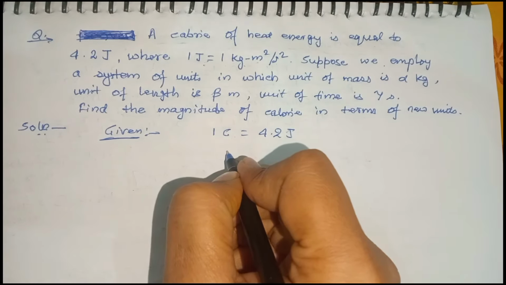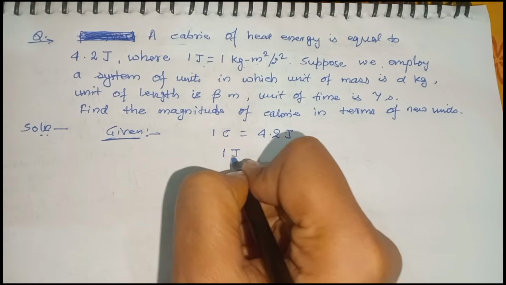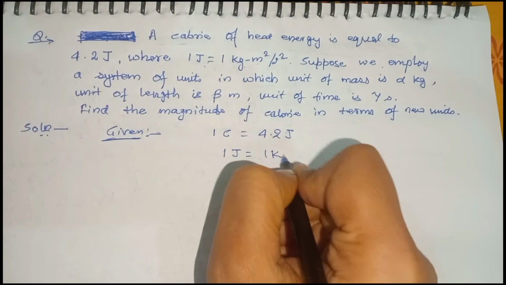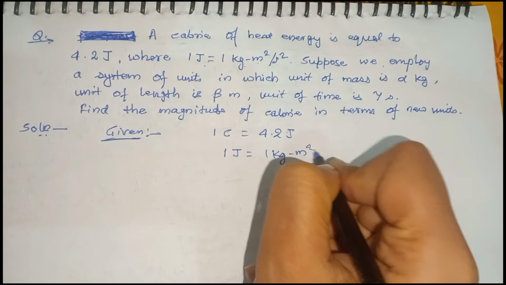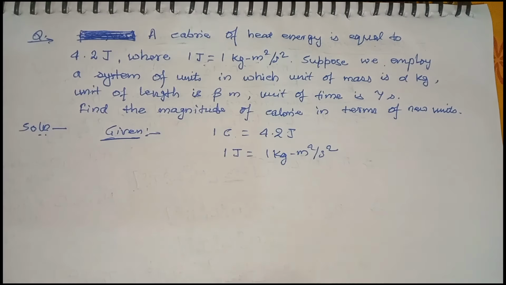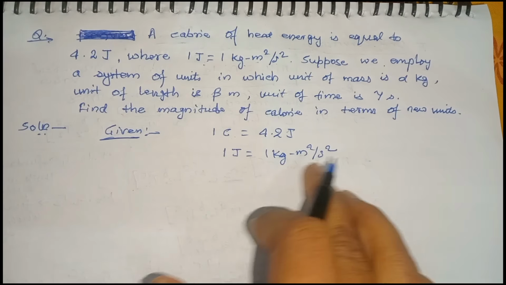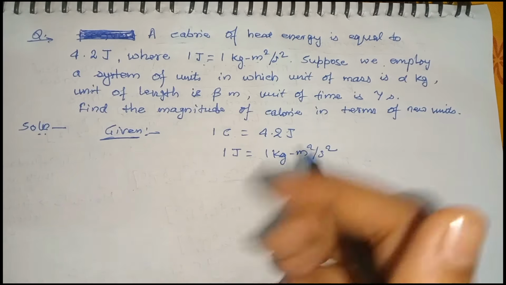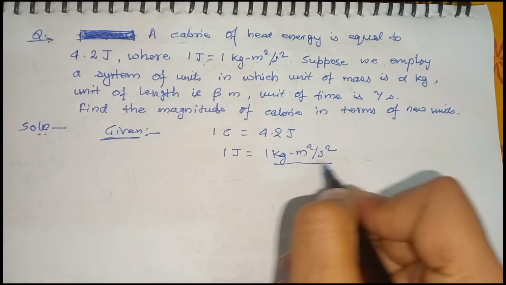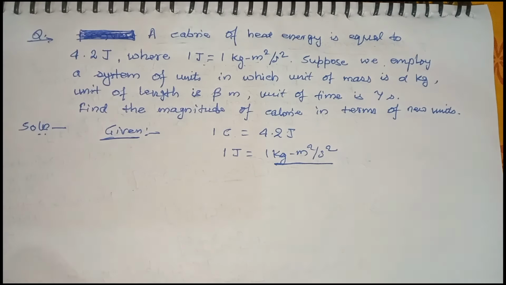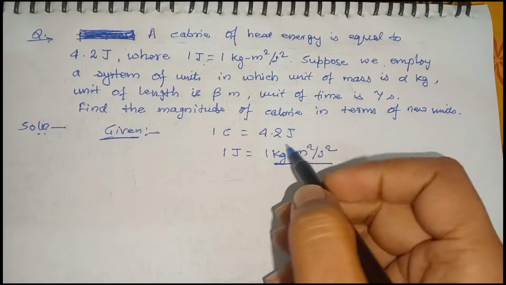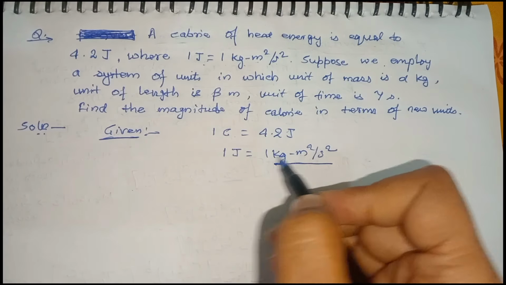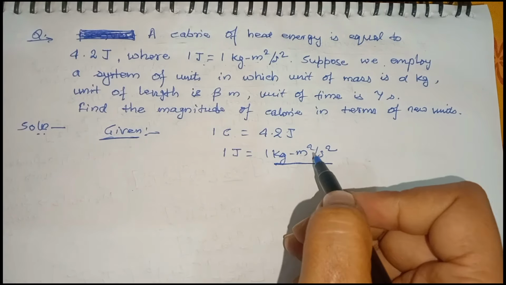Also it is given that 1 joule equals 1 kg m² s⁻². This is the system of unit in which it is given. The main purpose is to focus on the system of unit.